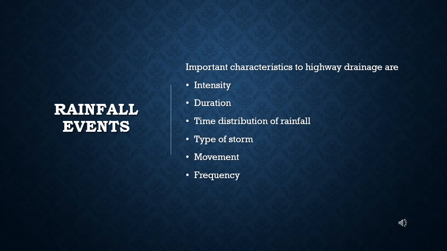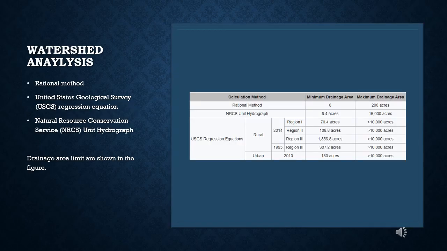There are a few important characteristics of highway drainage: intensity, duration, time distribution of rainfall, type of storm, movement, and frequency. For watershed analysis, we can use the rational method, USGS regression equation, and NRCS unit hydrograph.